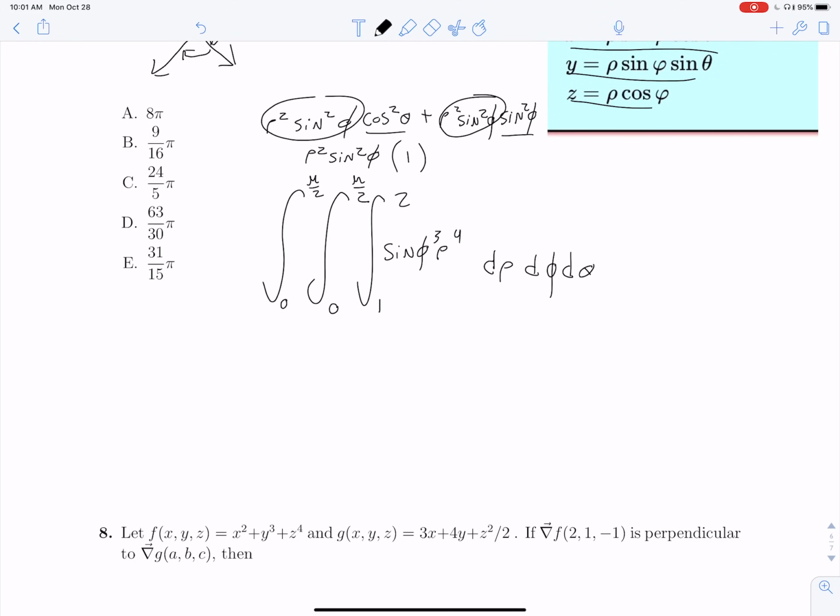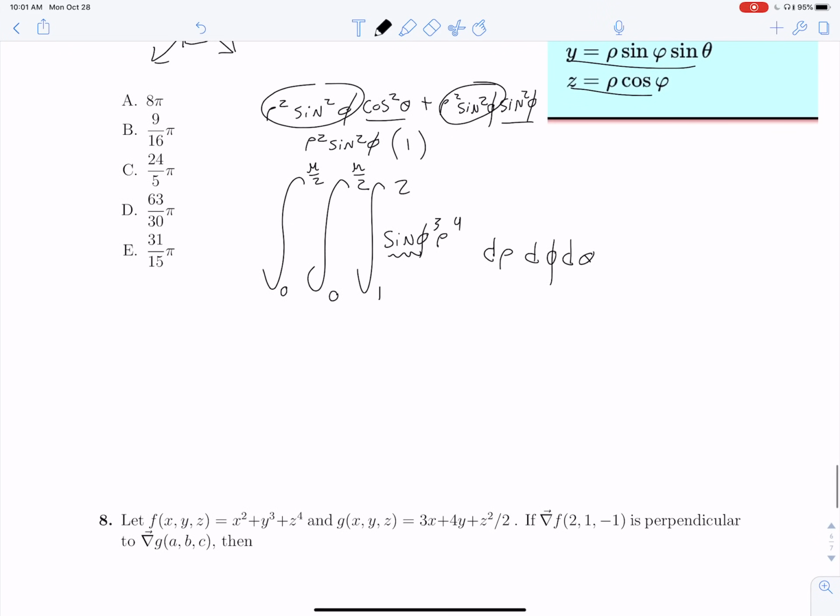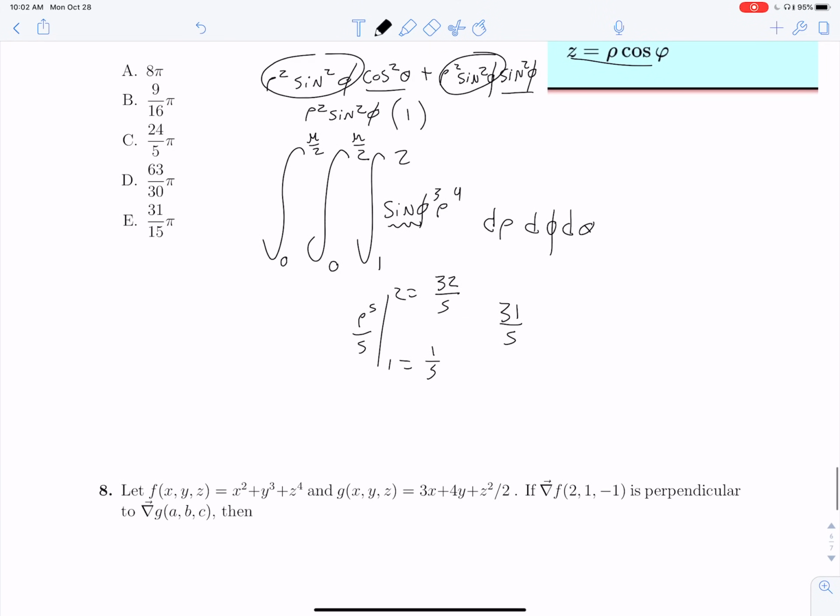So if we evaluate this, we're just going to ignore this. We'll add it back later, but if we take our integral with respect to rho, we're going to get rho to the 5th over 5, evaluated from 1 to 2, which is going to be 32 over 5 minus 1 over 5, so 31 over 5.